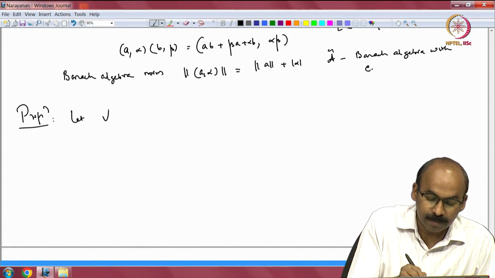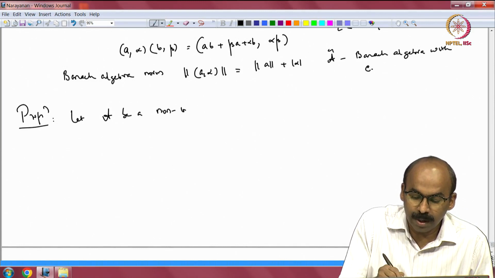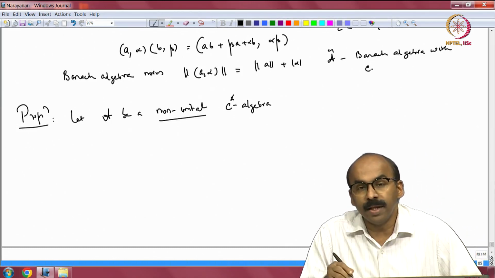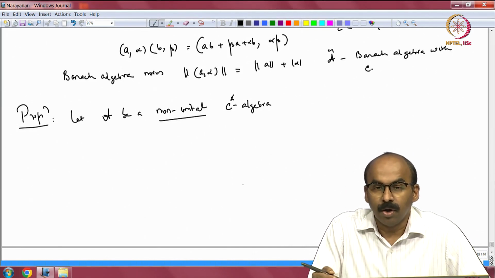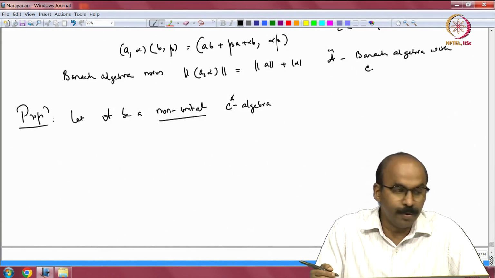Let A be a non-unital C-star algebra. I am not assuming that it is commutative or non-commutative. The construction works for all C-star algebras, even though we will finally apply it only to commutative ones.